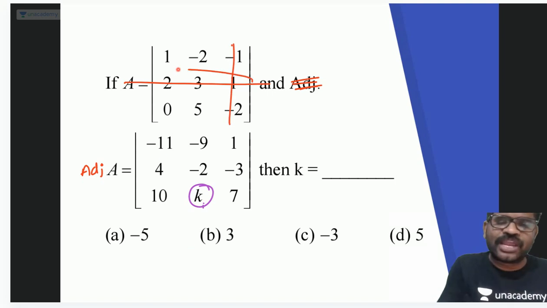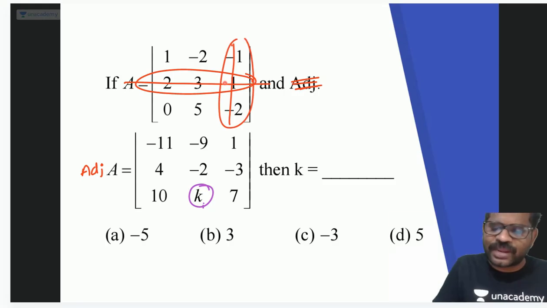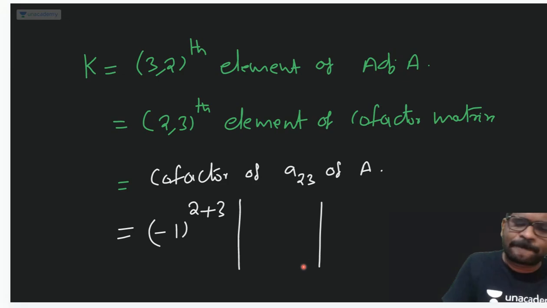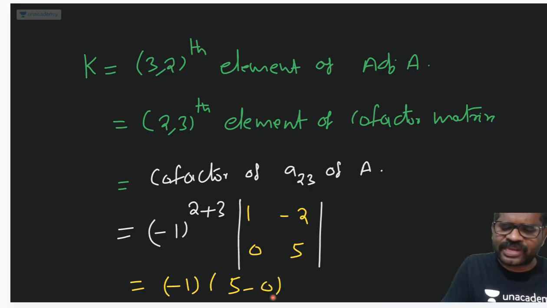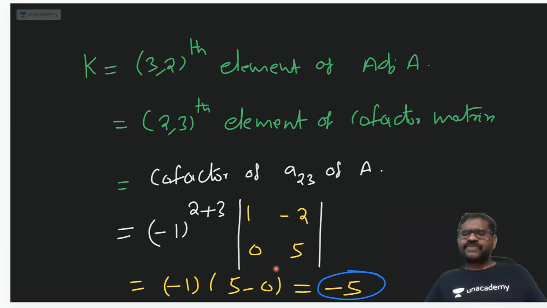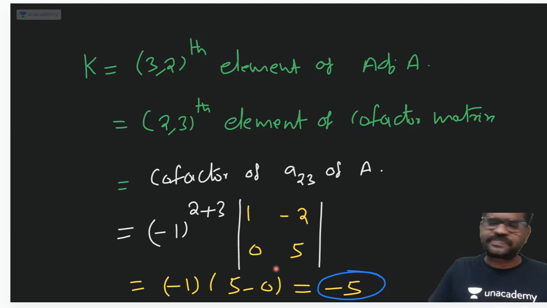If you eliminate second row and third column, what is left? 1, -2, 0, 5. That is nothing but (-1)^5 is -1, times 5 minus 0. Finally, -5. Understood? Next.